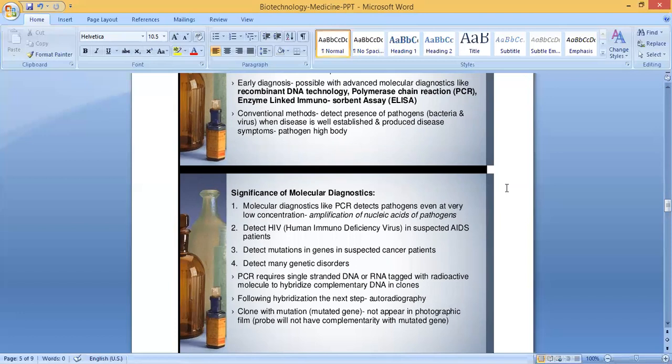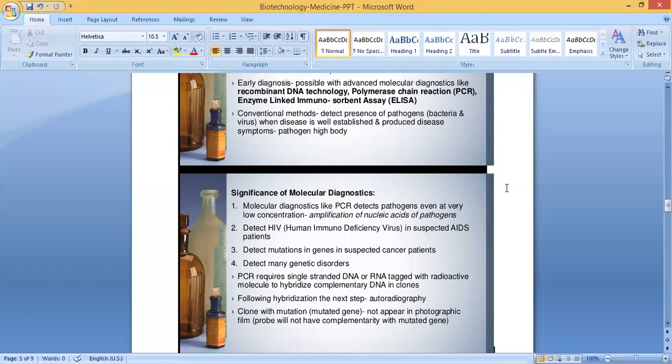What is another significance of molecular diagnostics? To detect HIV, human immunodeficiency virus, in suspected AIDS patients.